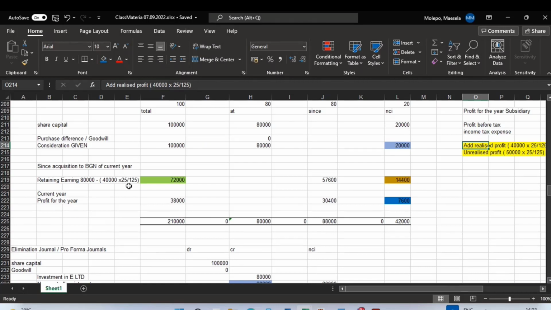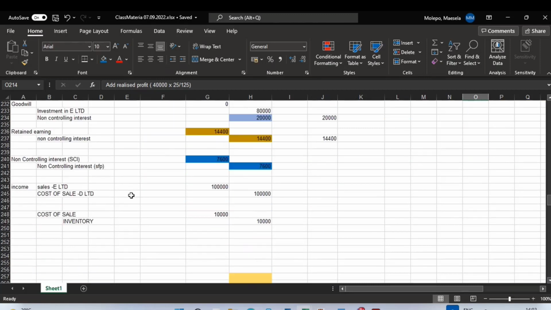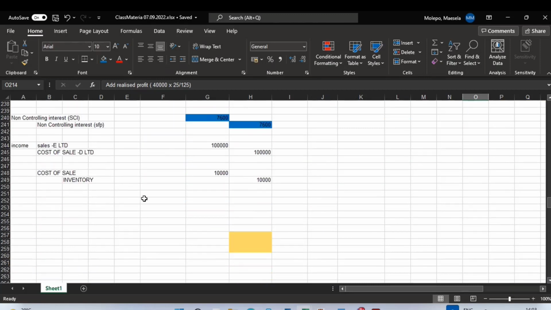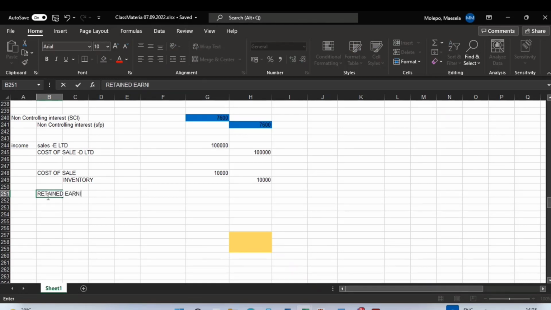Because at that time it was still unrealized. So now, because at the end it will be realized, we eliminate it. We eliminate the retained earnings, because now we are reducing the retained earnings, by cost of sale.